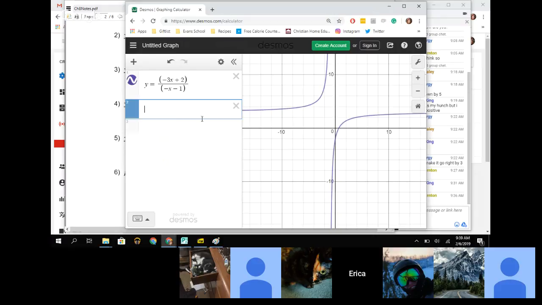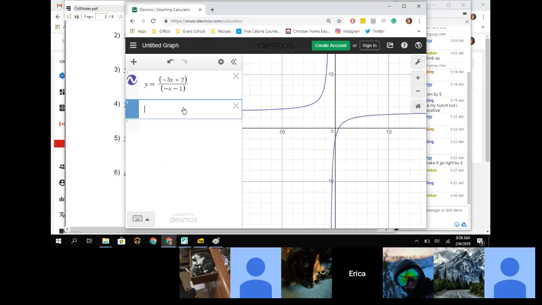Let's start with domain. Domain is your x's, right? Somewhere in a negative value over here, we have a value that's not true, and then we're good over here. So when does negative x minus 1 equal 0?